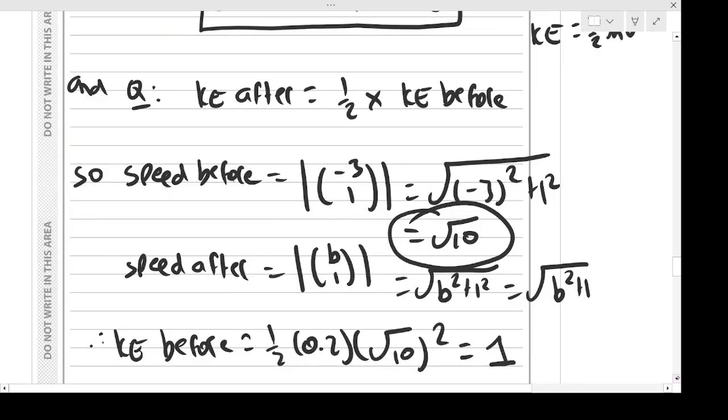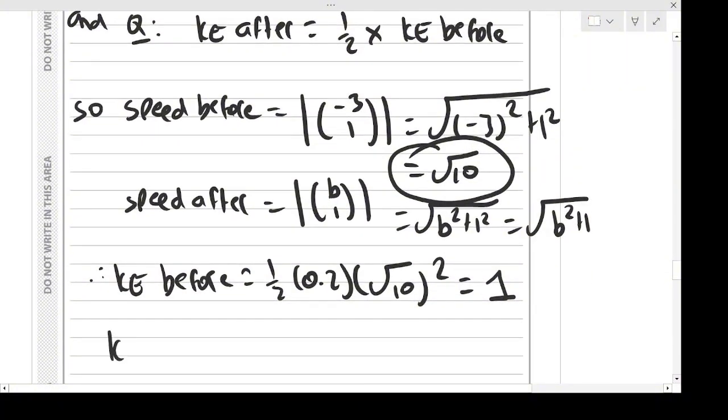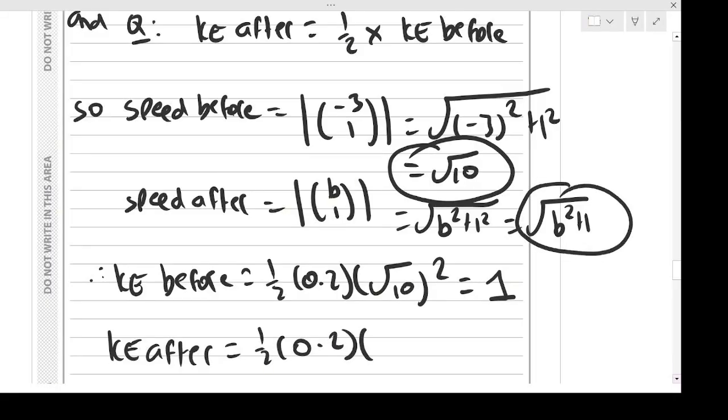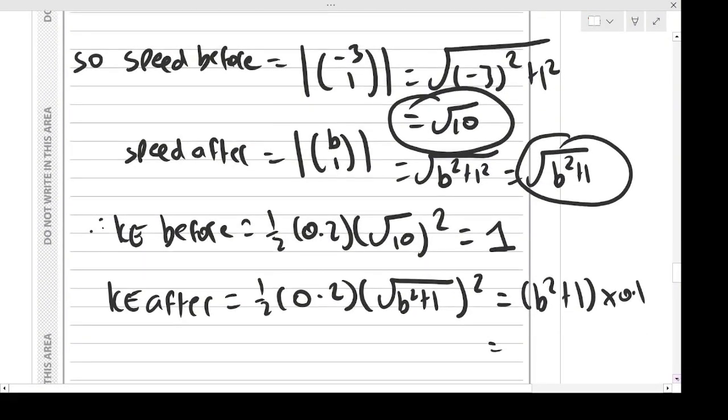Then if I work out the kinetic energy afterwards, that's going to be half lots of the mass, 0.2, and then the speed afterwards of √(b squared plus 1). Then I square that, so that's just going to be b squared plus 1 lots of 0.1. And so if I simplify that, that's going to be 0.1b squared add 0.1.